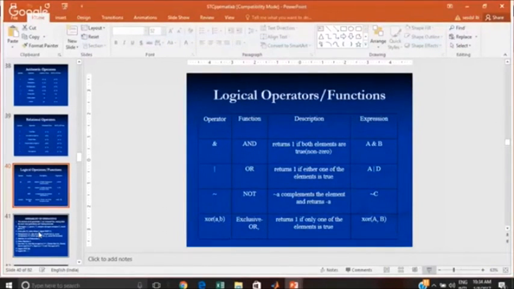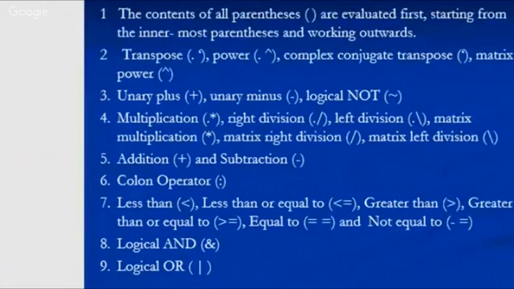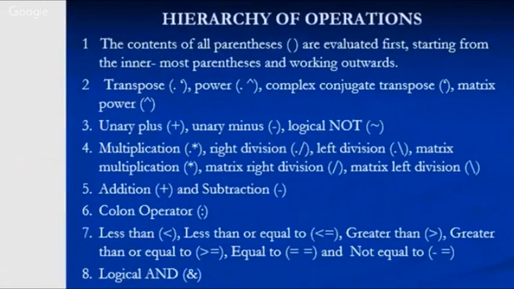Then the hierarchy at which it operates. Okay, so the hierarchy of operation: first, the contents of all the parentheses, what you have put in the brackets, are evaluated first. Then comes transpose, then power, then complex conjugate transpose and matrix power.